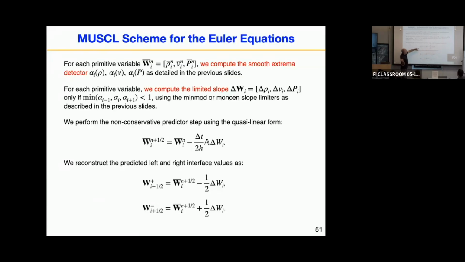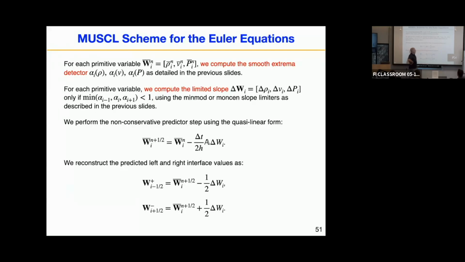And then you perform a predictor step. So you compute, and that's the quadrature point, the time quadrature, right? At the time step n plus half, or t plus delta t over 2. So the way you do it in the MUSCL scheme is you just use this quasi-linear form of the Euler equation to guess what will be the solution at delta t over 2.